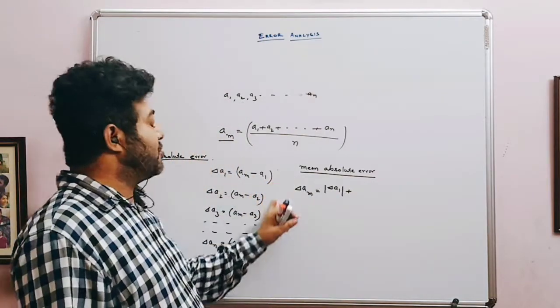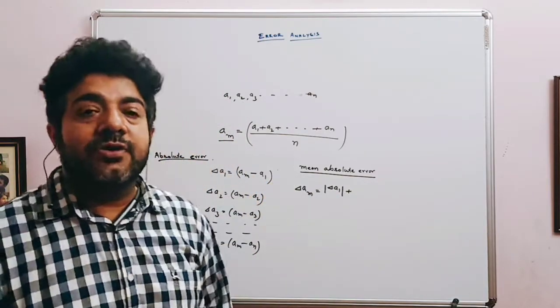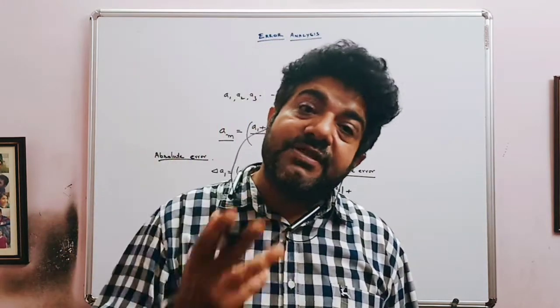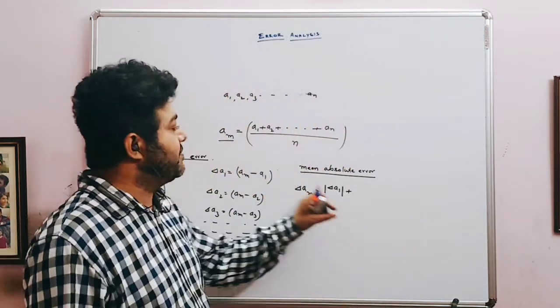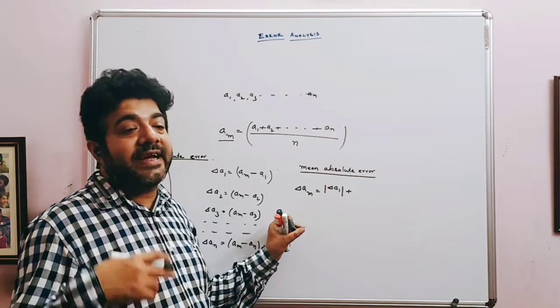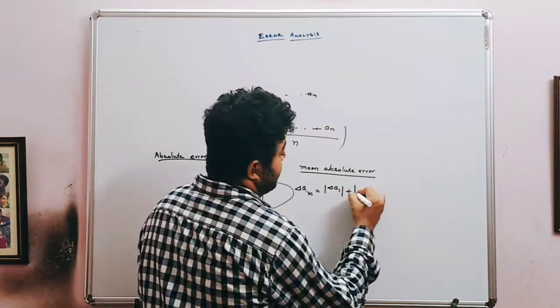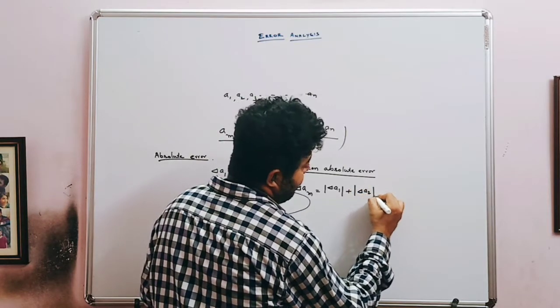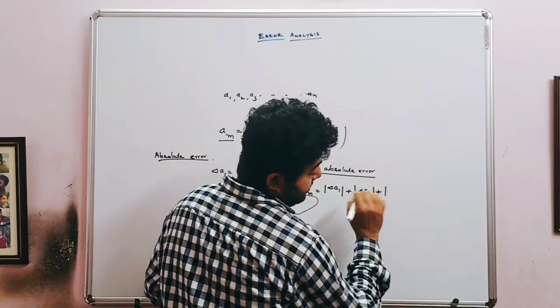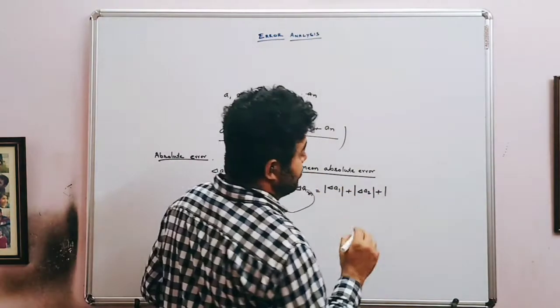Because in the absolute error you can have positive value, you can have negative value, you can have 0 also. So if you have positive then it's okay, but if you have negative then magnitude is positive, so convert it into positive. So that's why we use the magnitude part.